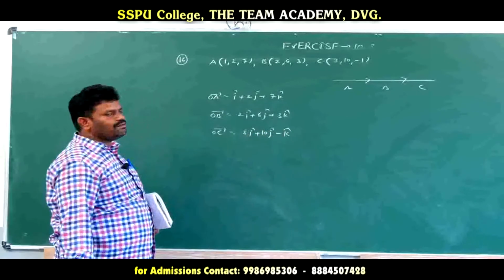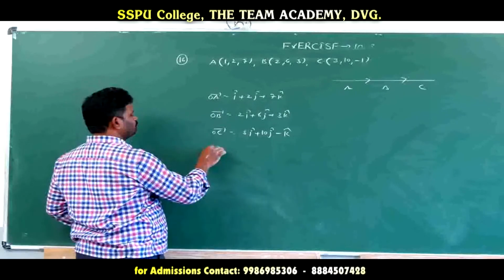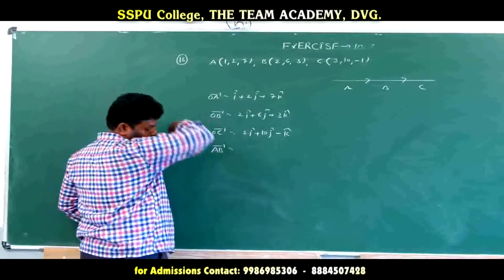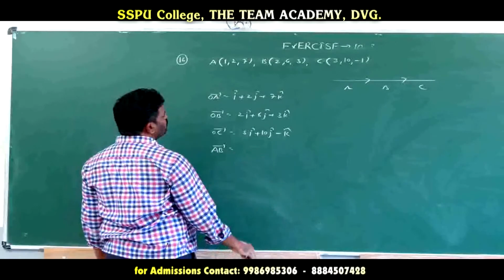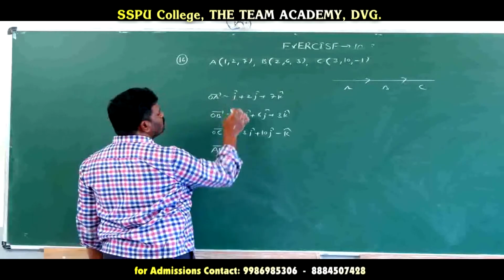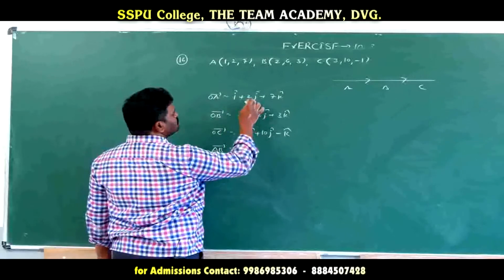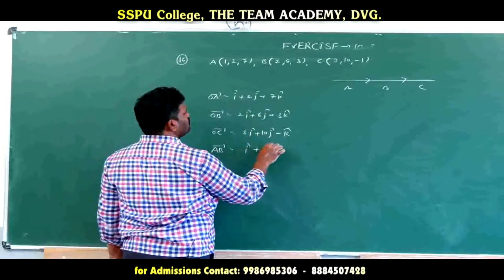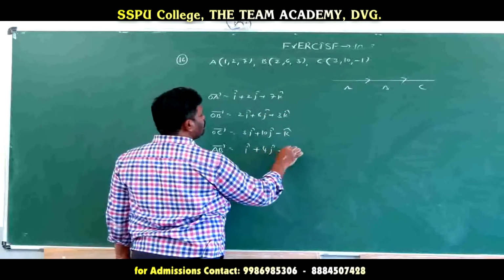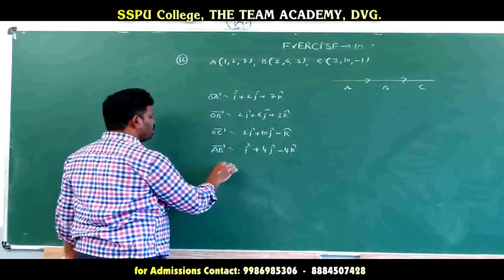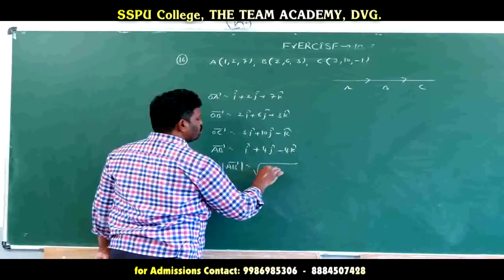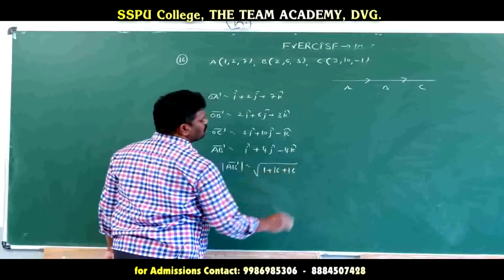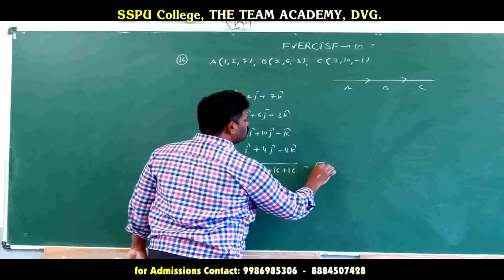Now first we find the vector AB, which is OB minus OA: 2 minus 1 is 1, 6 minus 2 is 4j, 3 minus 7 is minus 4k. Then the magnitude of AB is 1 plus 16 plus 16, 33, so root 33.